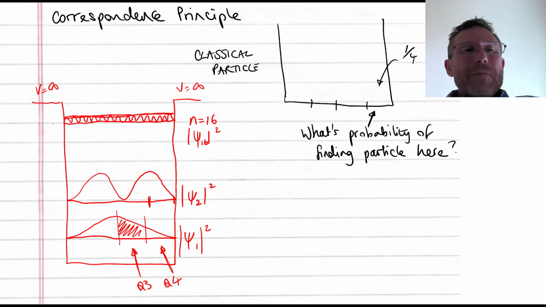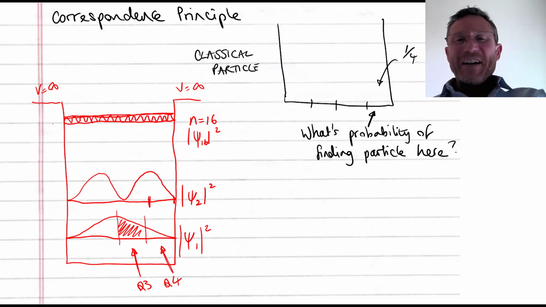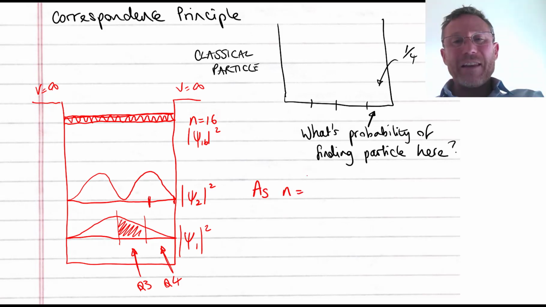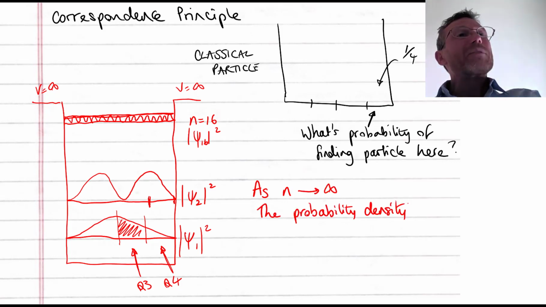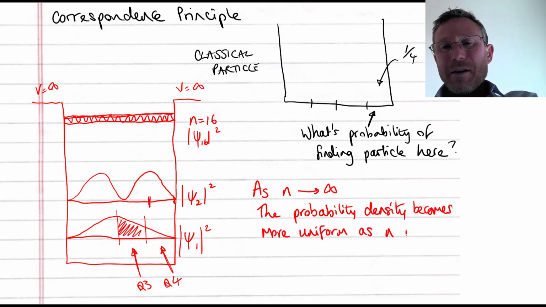So we can keep going, right? We can keep going up to n is equal to infinity. And this really is a recognition of the correspondence principle. So let me tie this all together and basically say that as n tends towards infinity, the probability density becomes more uniform as n increases.